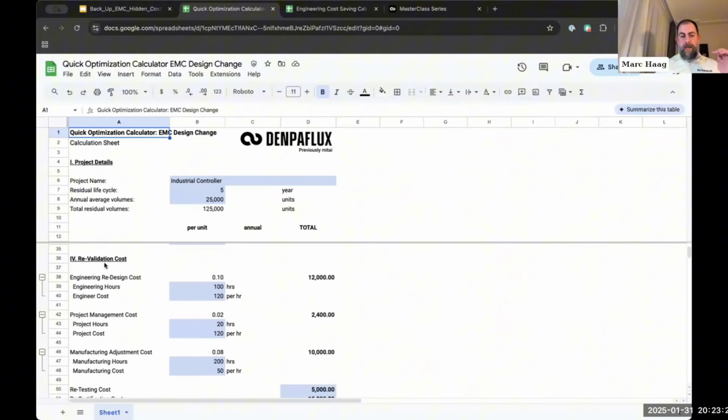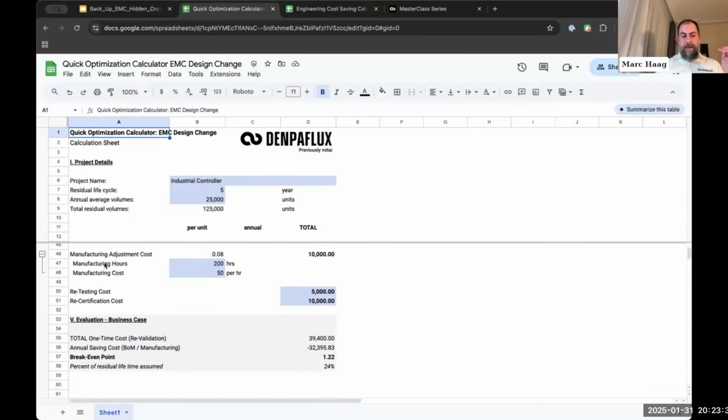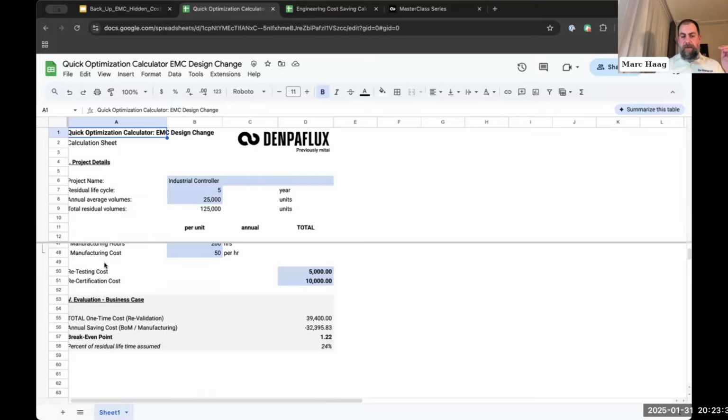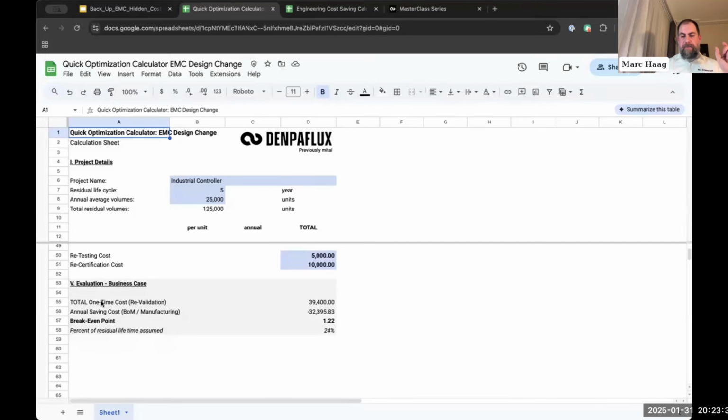You can do the revalidation, what you have to do, and the recertification and the testing also gets in. And then you have a quick estimation. Really, in 10 minutes, you can calculate that, to say, does it make sense to put my team on that thing, to really spend 20 hours or 30 hours to go down the road and develop something?